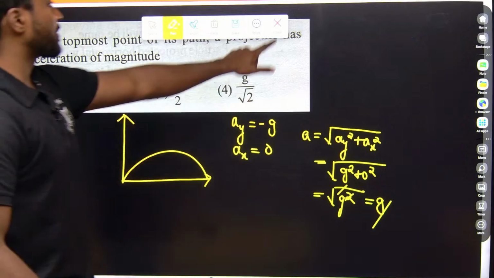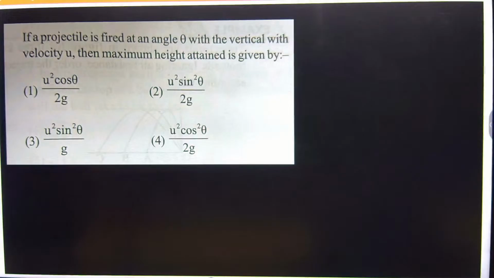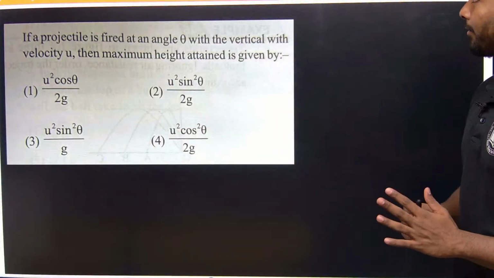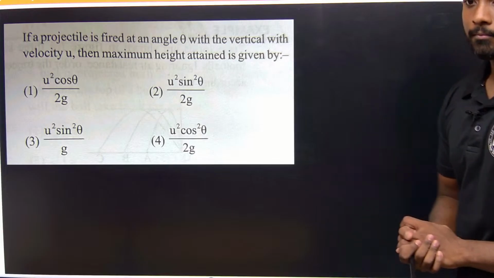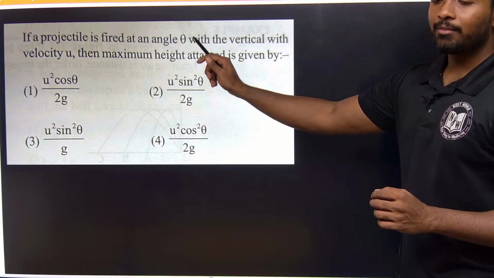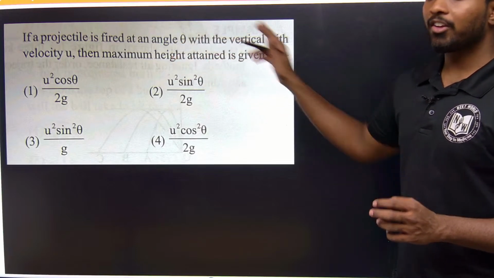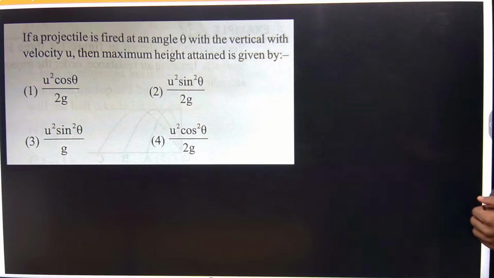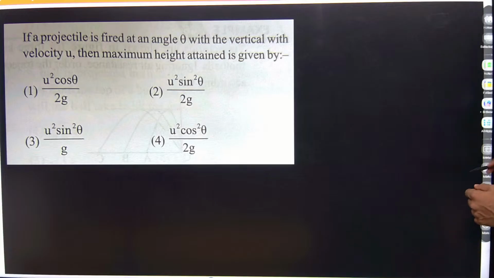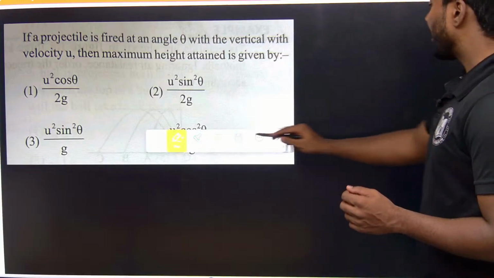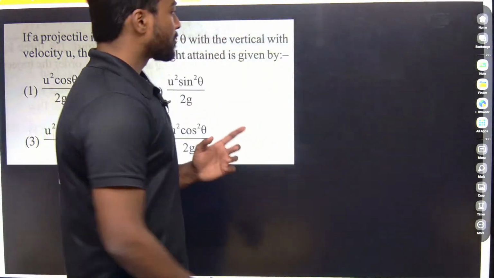Okay, we will go for the next question. This is an interesting thing, you can give the answer for this easily. If a projectile is fired at an angle theta with vertical, till now we have discussed velocity given at an angle with respect to horizontal. Now they are asking for the maximum height attained by it when the angle is with the vertical.